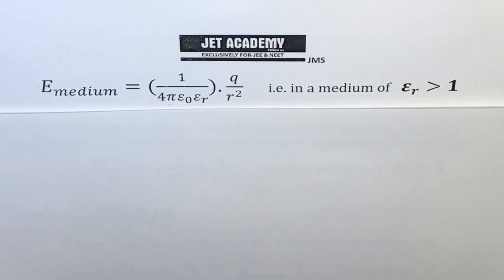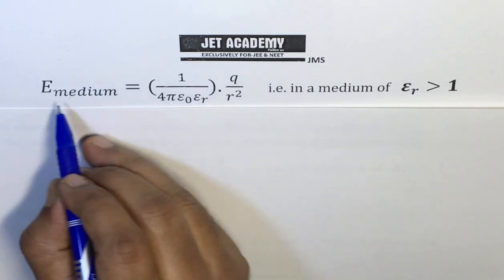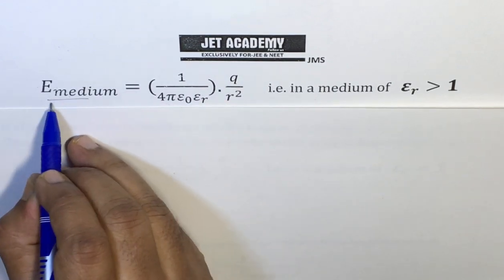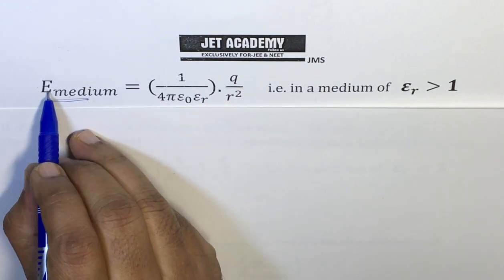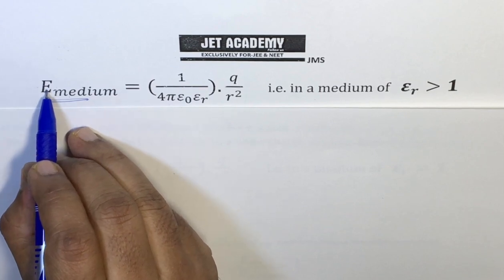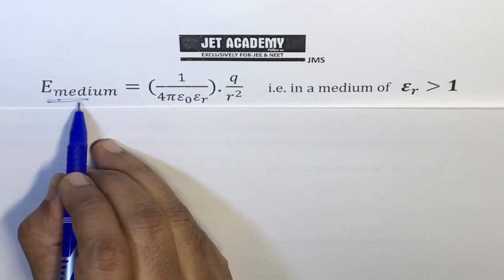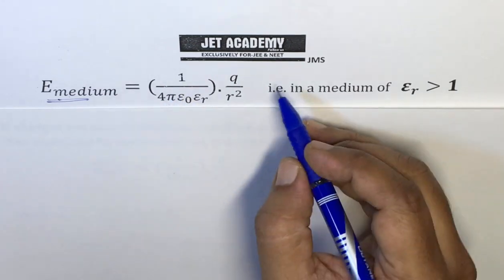Imagine I change the medium. For any given medium, I will name it E medium. The electric intensity, whatever we derived, the magnitude I am discussing, is for a given medium. This is the equation we derived.